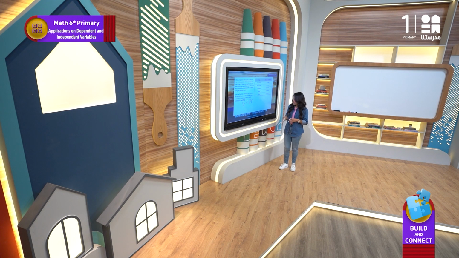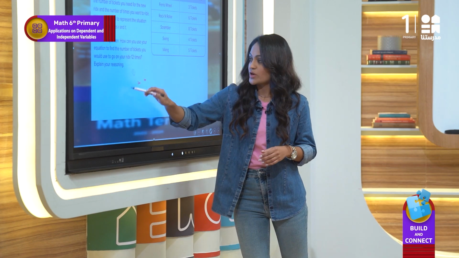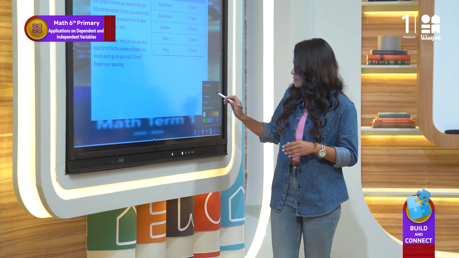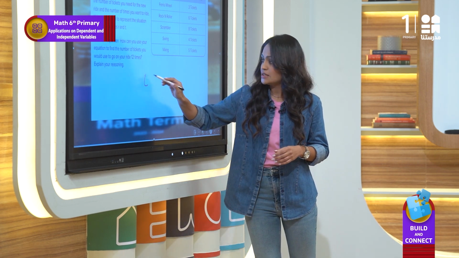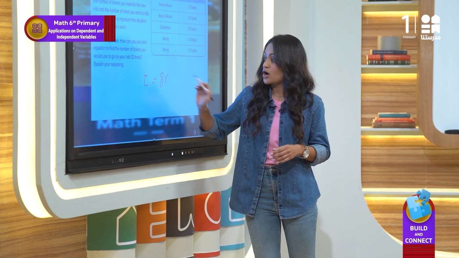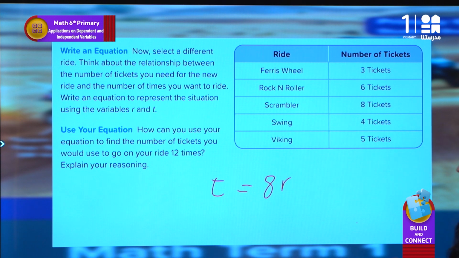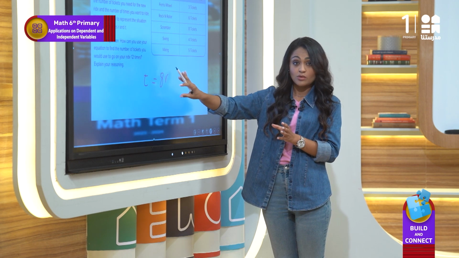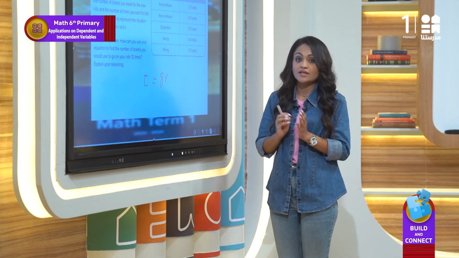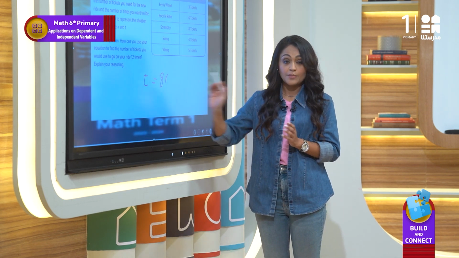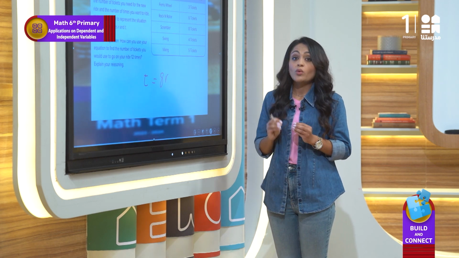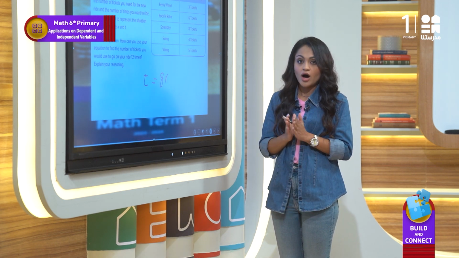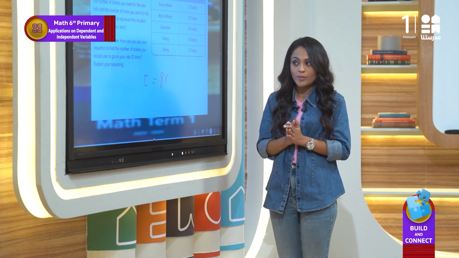So, let's erase this and write it a little bit lower. T equals 8r. So, if we ride 12 times, we will use the equation that we have here, T equals 8r, since r is the number of rides played. We will make r equal how many?